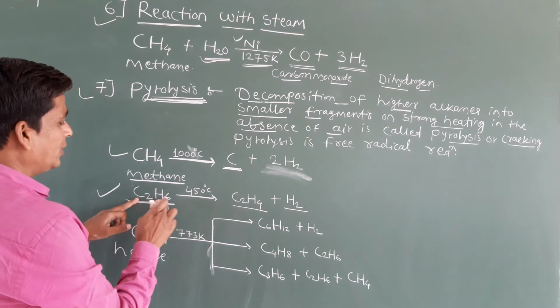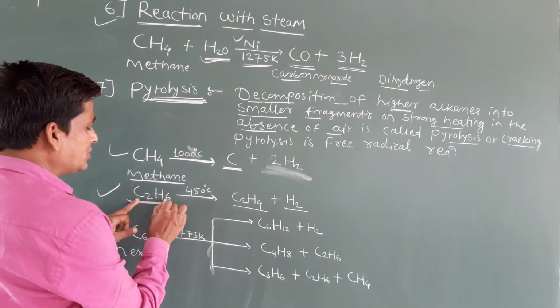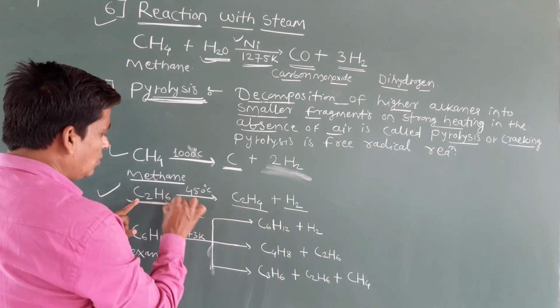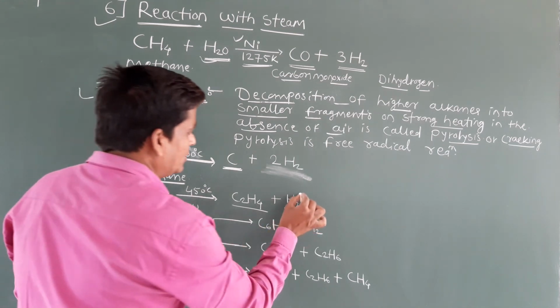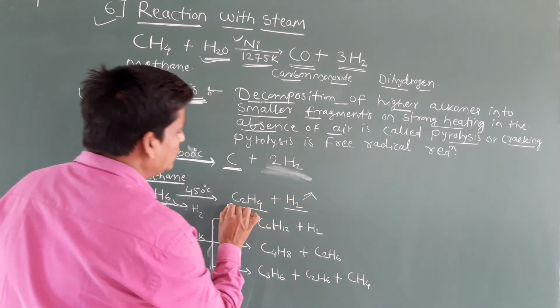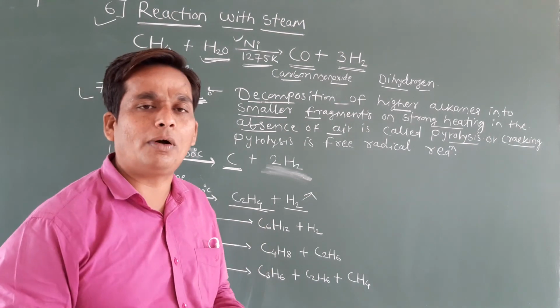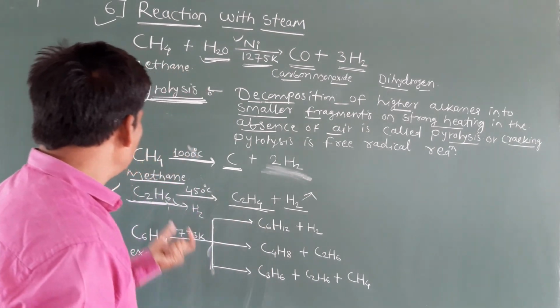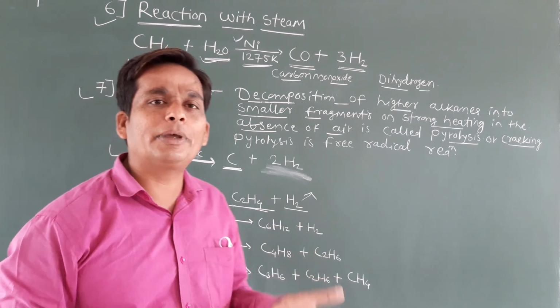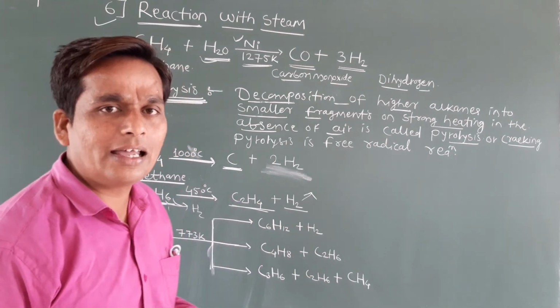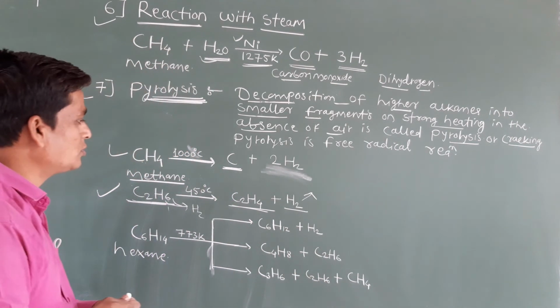From this C2H6, 2 hydrogens are removed. Dihydrogen is formed and C2H4 is ethene, a double bonded compound. So now clear. In pyrolysis we can prepare alkene as well as alkane and hydrogen gas.